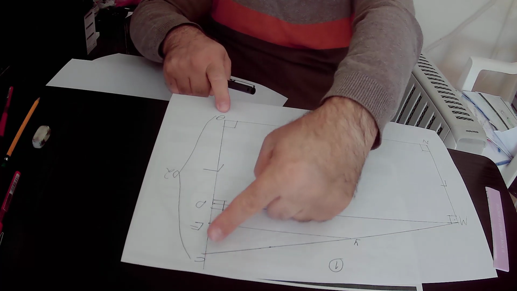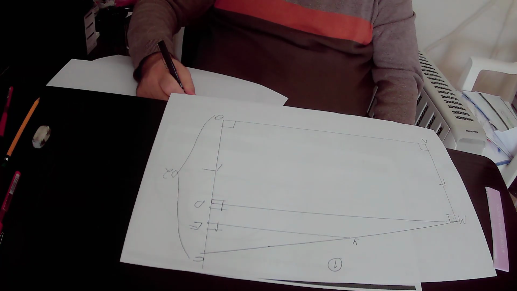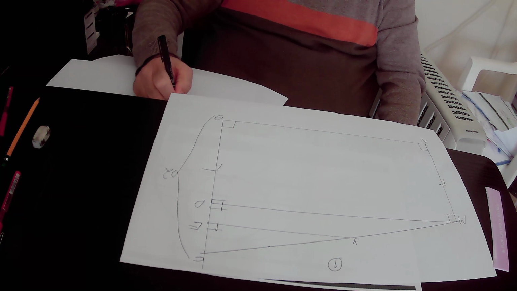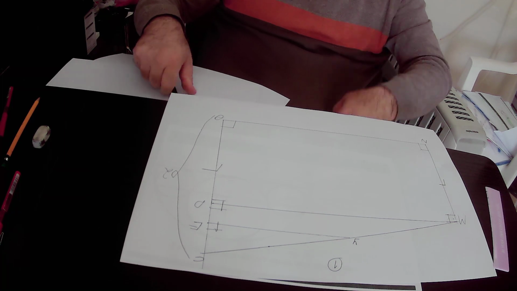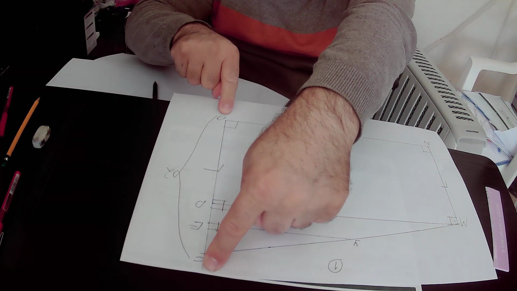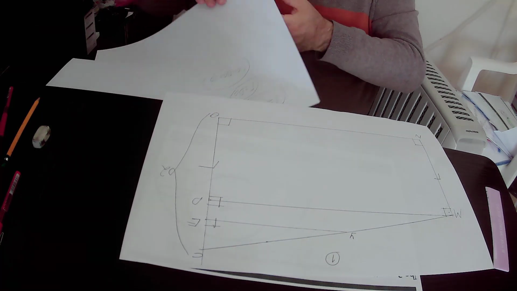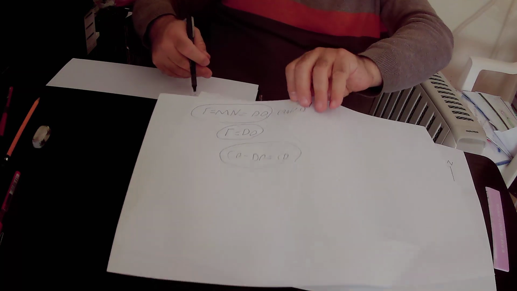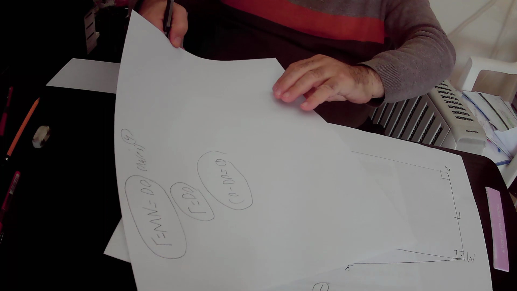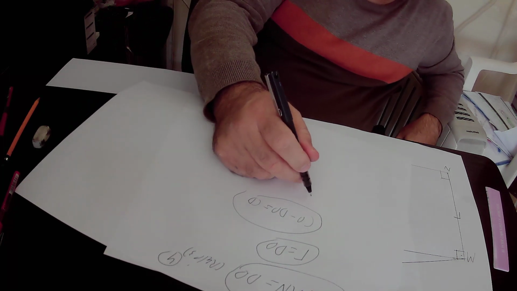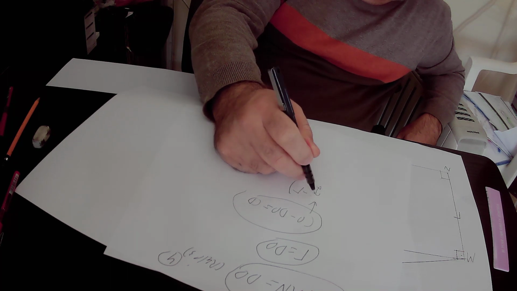CO minus DO equals CD. Again, CO minus DO equals CD. But CO equals 2 units and DO equals R, the radius of the small circle.